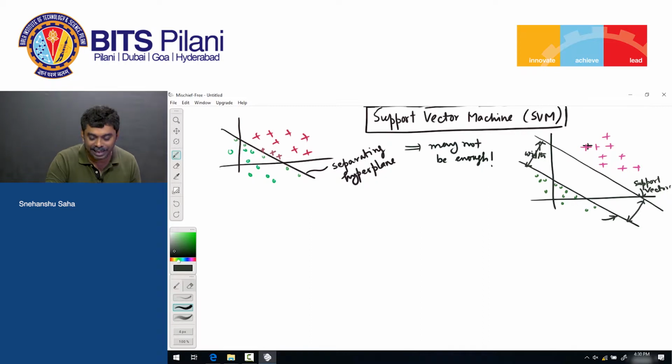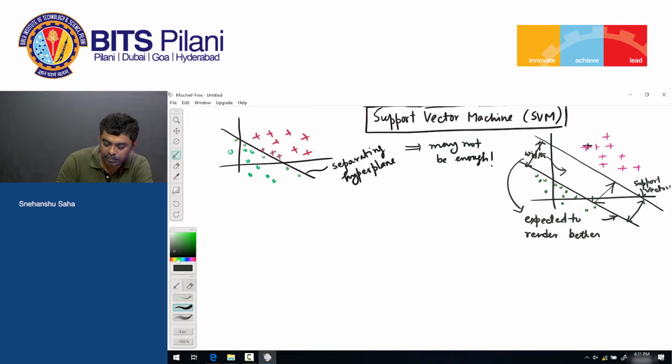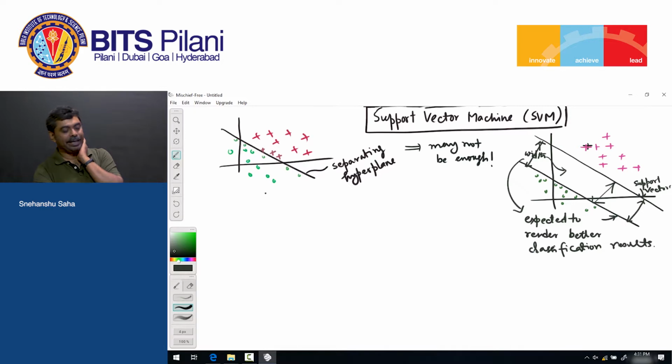But in this case, even if the green points or the red pluses come close, there is not a single separating hyperplane, there are two. So you still have enough discrimination that you can maintain, and that would lead to better classification. So the width is expected to give better classification results, at a layman's level.